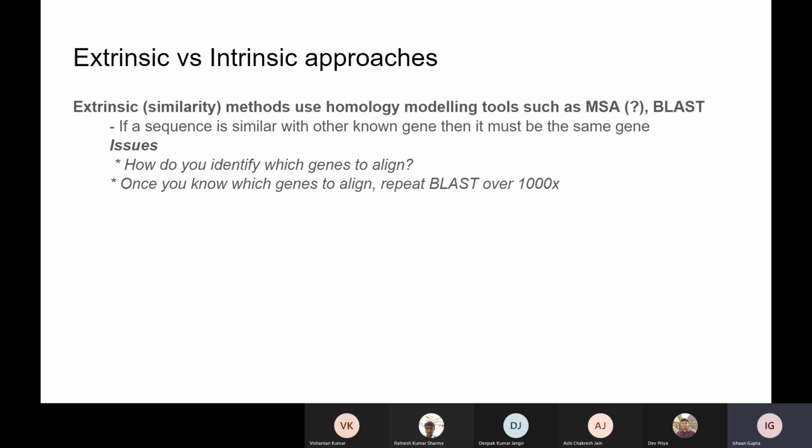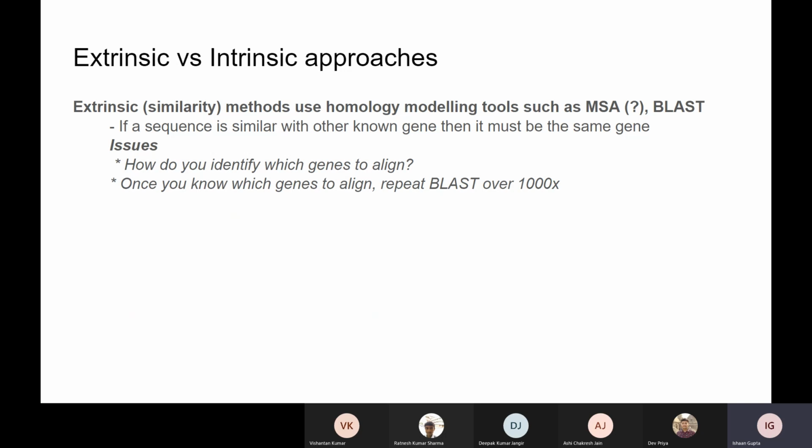The issues that you have here is how do you identify which genes align, because you might have two genes which have very similar E values, right? And once you know which genes align, you have to apply repeat BLAST over 1,000 to 2,000 times, because for every DNA fragment that you would have in your new organism, you would have to put that DNA fragment into the BLAST algorithm.